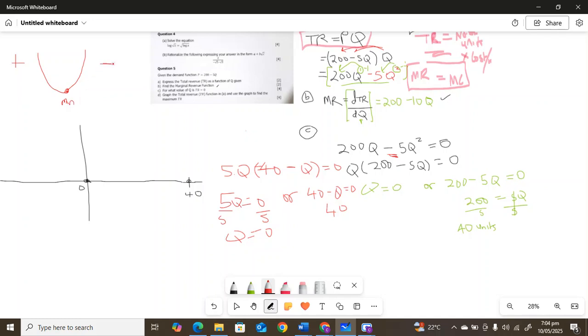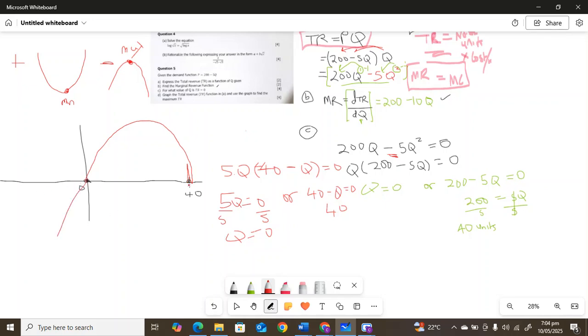Now, if the coefficient of q squared is negative, it means you have an upside down smile. You have a frown. And this is your maximum value. So this graph is going to be like this.